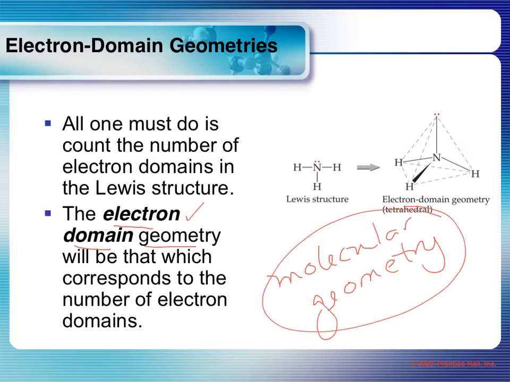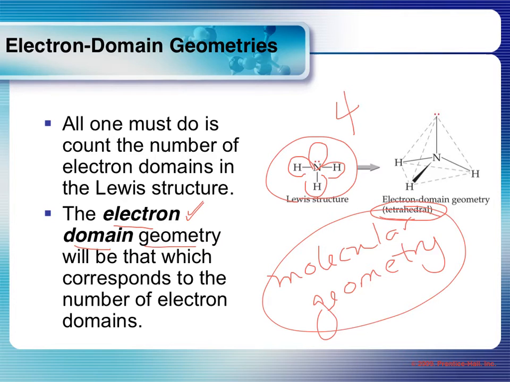So let's say that we're looking at ammonia. You start out by drawing the Lewis structure of it. You count the electron domains. Ammonia has 1, 2, 3, 4 electron domains. If you look at the chart on the last slide, that means that it has a tetrahedral electron domain geometry.